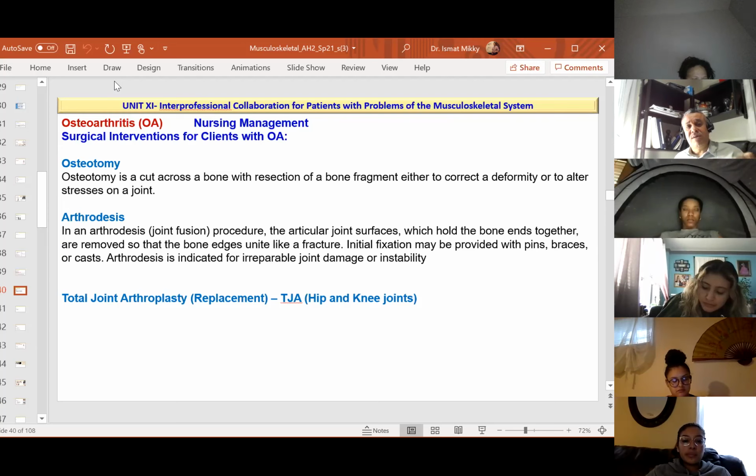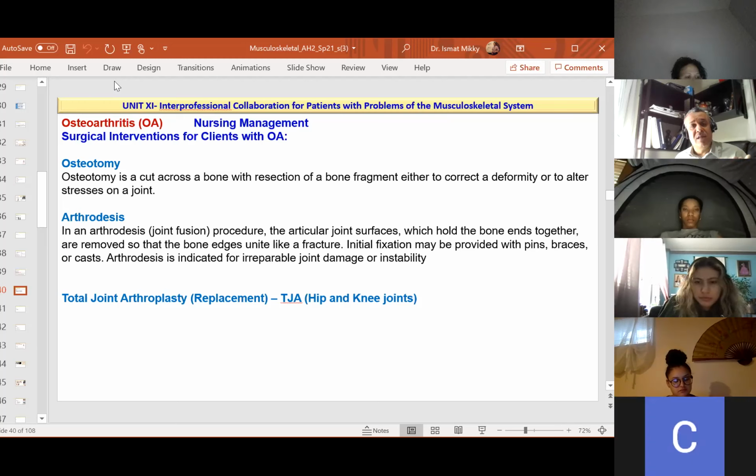In hip fusion, they will cut a piece of the bone, creating edges like a fracture, and then the healing process will take place. So the hip fusion can result in a shortening of the affected extremity, about 1 to 1.5 inches.